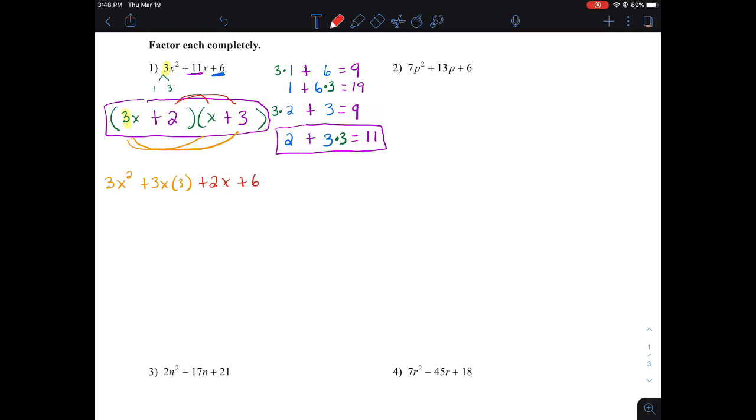Here, the 2 was multiplied to a 1x, and the 3x was multiplied to a 3. That's the same thing that's happening in the earlier step. The green 3 is the 3 on the x, and the blue one is the one that went in the parentheses, and this other 2 wasn't multiplied by anything, which means it's multiplied by a 1. If I combine these terms, I'd have 3x squared, 3 times 3 makes 9, plus 2 makes 11x, and then plus 6. So it multiplied out to be what I originally started with. So that was the answer.